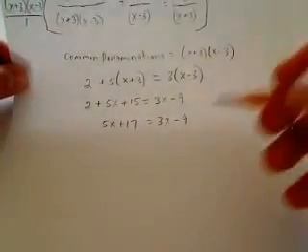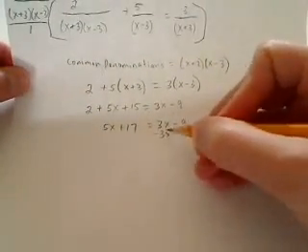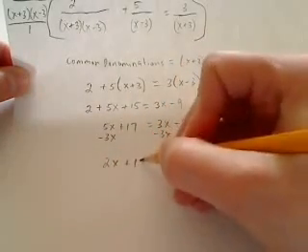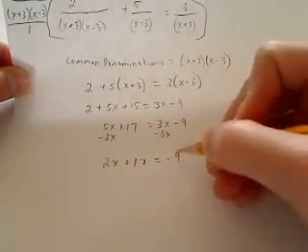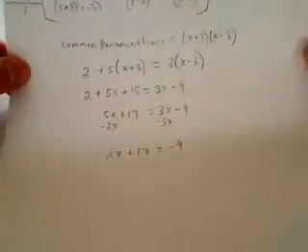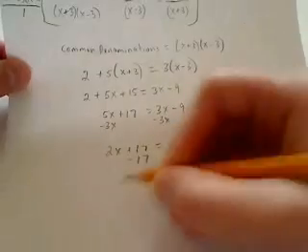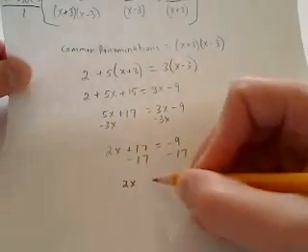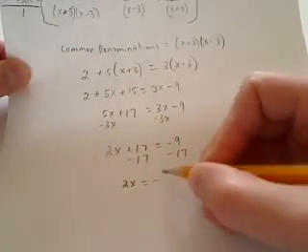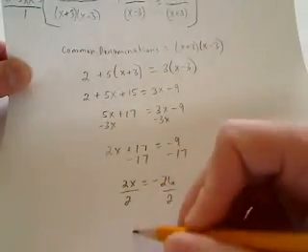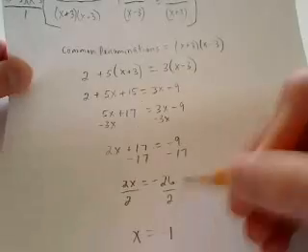I can move the 3x over by subtracting, so I'm left with 2x plus 17 equals negative 9. Solving for x, meaning isolate x by itself, I'll subtract 17 from both sides and I'm left with 2x equal to negative 26. Dividing by 2 on both sides, I get x is equal to negative 13.